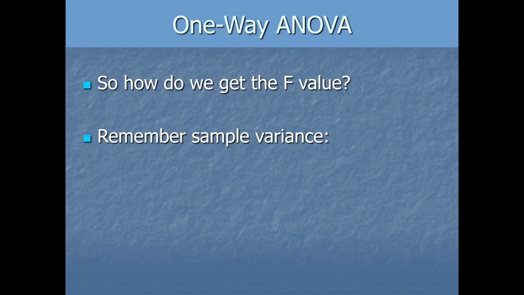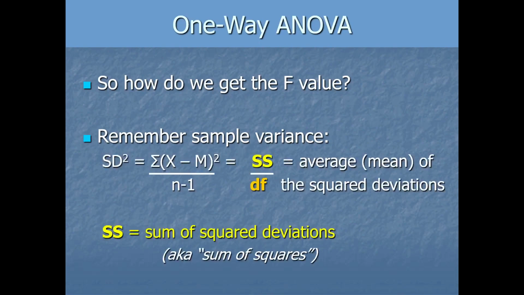And how does variance get calculated? Like maybe you've run into this in a previous statistics course. Well, to calculate variance, which is standard deviation squared, we see how much each score differs from the mean, the sample mean, the average score, right? So that's the x minus M here in parentheses.